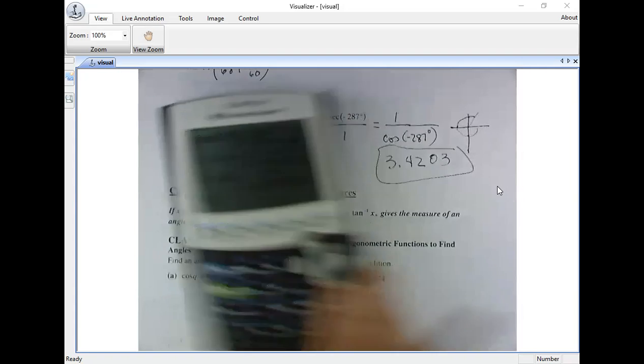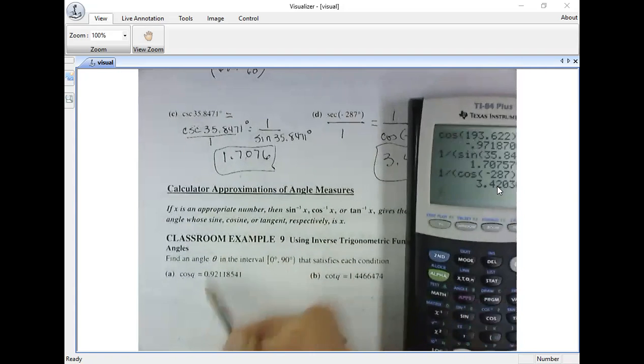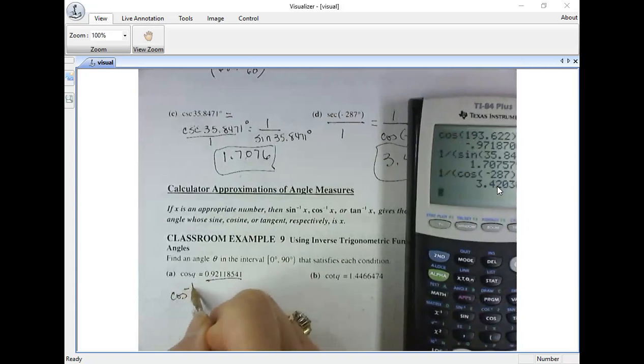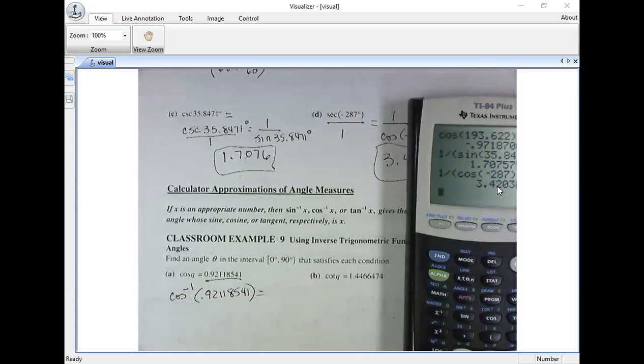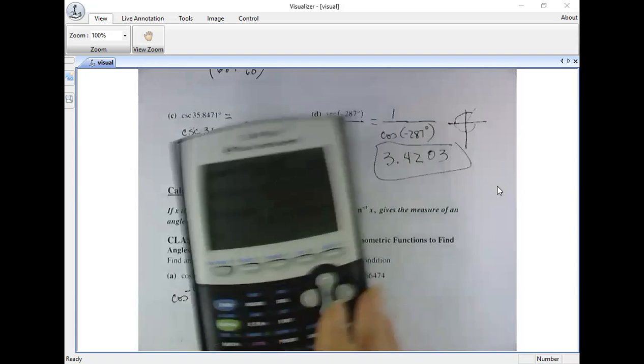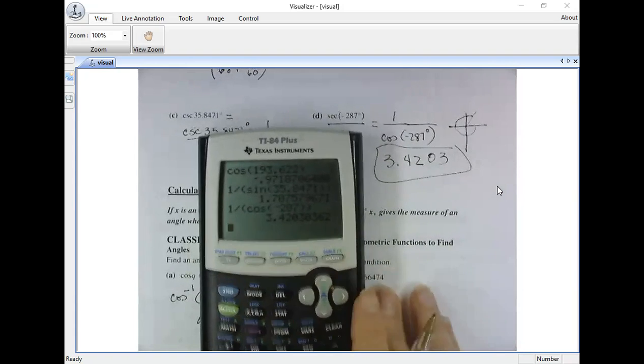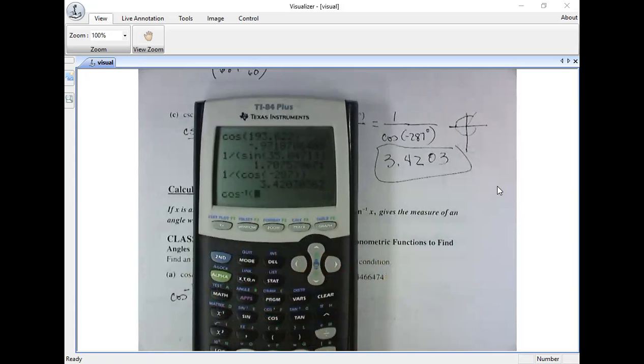Okay, so if I know the ratio, then what I'm going to put into the calculator will be this, and what it should give me back will be the angle measure that would make it true. So I am looking for what the measure of angle Q is. So if I hit second and cosine, then I can type in the ratio value, 0.921185441.